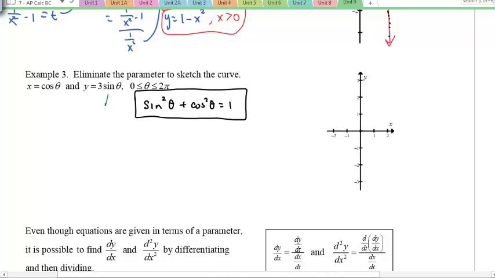Well, because if I want to solve for sine theta, what I've just told you is that sine theta is y over 3, so sine squared theta is just y over 3 all squared. And since you already have here cos theta, that's equal to x, so that's x squared. And that equals 1. And if I rewrite this, this is x squared plus y squared over 9, and that equals 1.